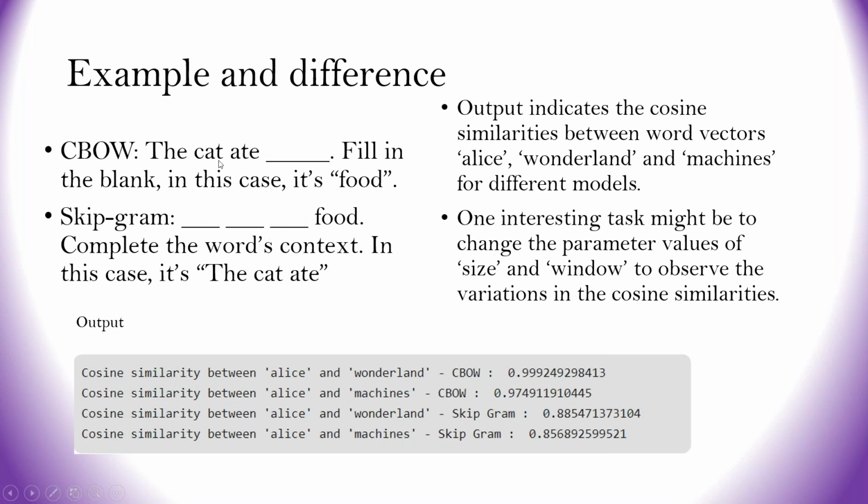Skipgram does not restrict whether it is a single word, a bigram or a trigram; it could be any gram. So we need to complete the word context, and depending on the context these grams are filled from the set of words available in the corpus, and it starts filling the gap.